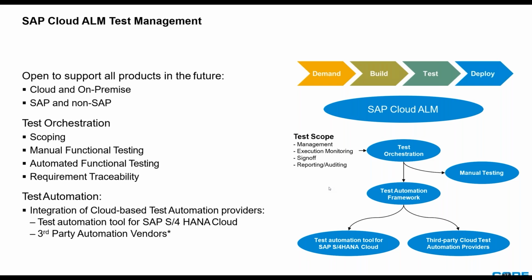One of the main third-party automation integrations native to Cloud ALM is the Tricentis test automation. That's one you could start using from the beginning within Cloud ALM, and it's configurable almost out of the box once you have Cloud ALM and the Tricentis tool set up.